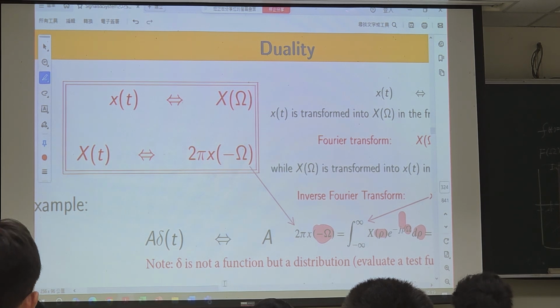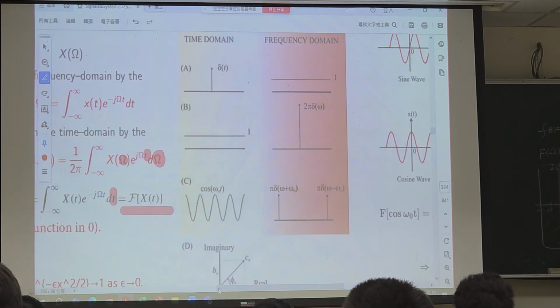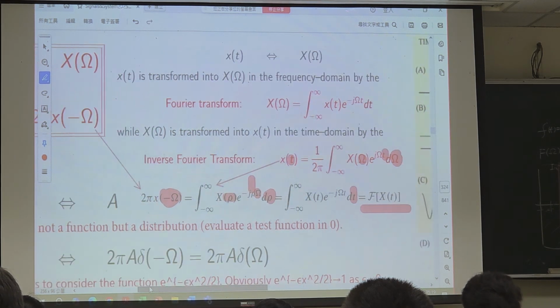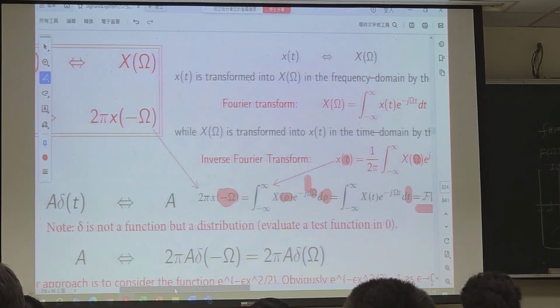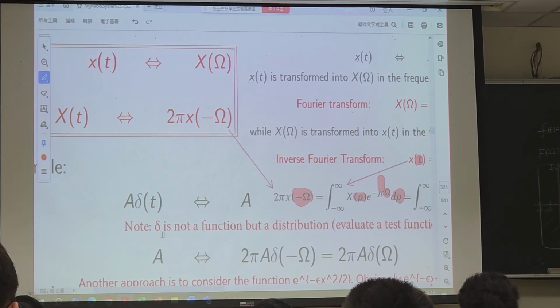Very, very interesting. Now, one simple result, but also very important: we have shown this one.